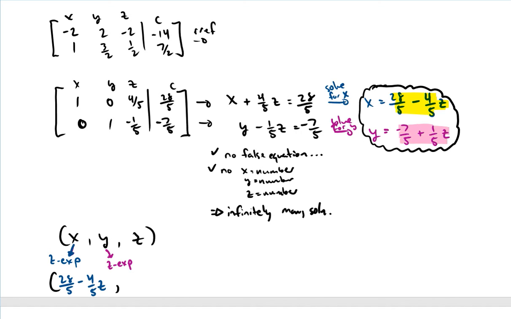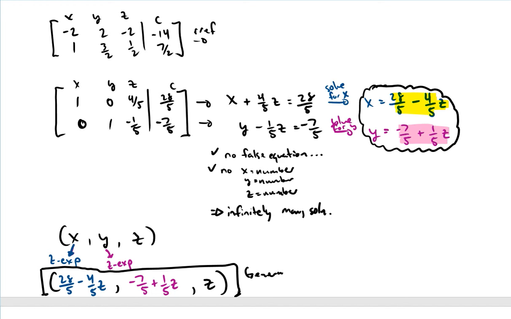So negative 7/5 plus 1/5 z, and then comma, and then z is ready to go. It's already a z expression. And then this is our general solution.